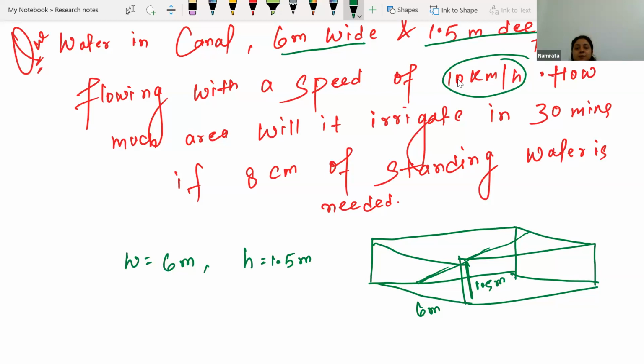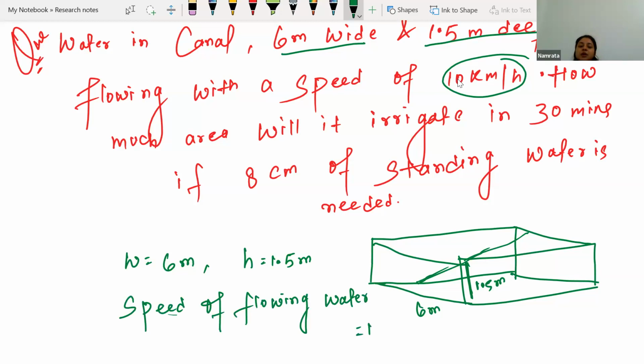Any idea? Here the speed of the flowing water is given, that is 10 kilometer per hour. Anyone?